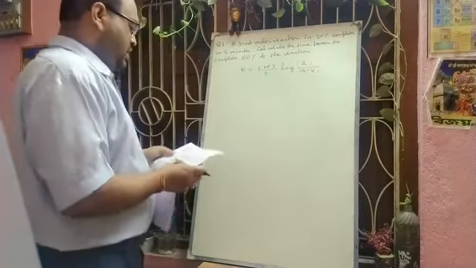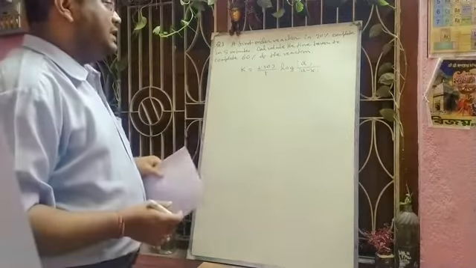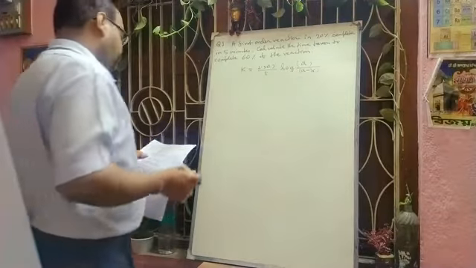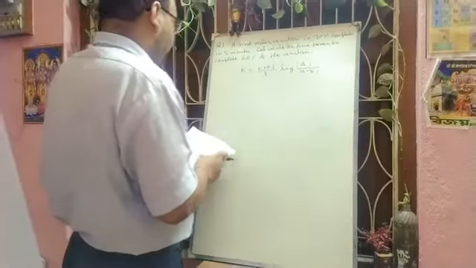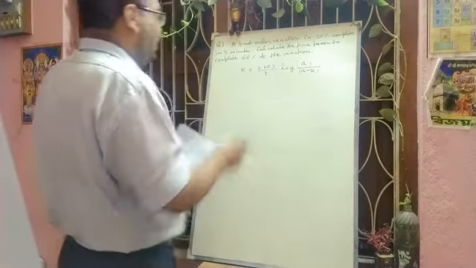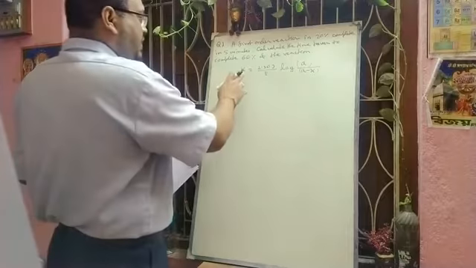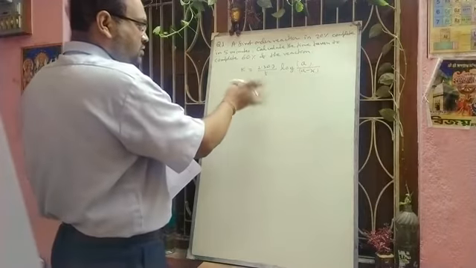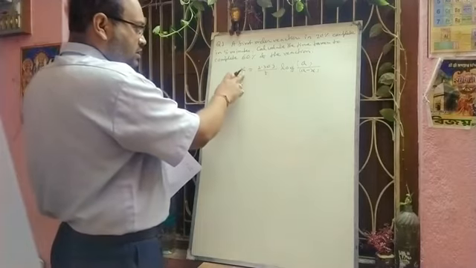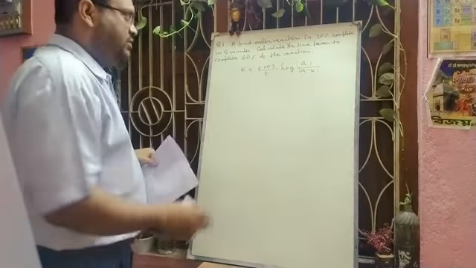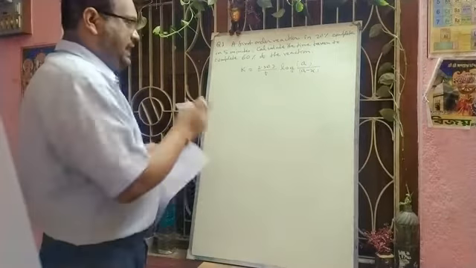Now in this case we have to calculate the time, but when you want to calculate the time, you will be in trouble because the K value is not there. So first, from the first information we have to calculate the value of K.